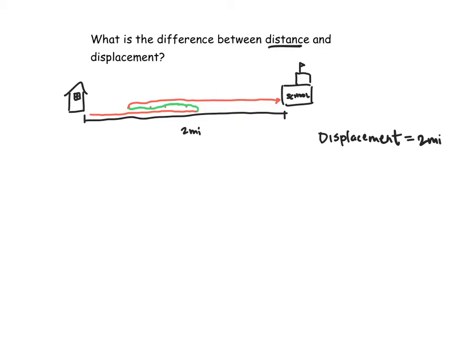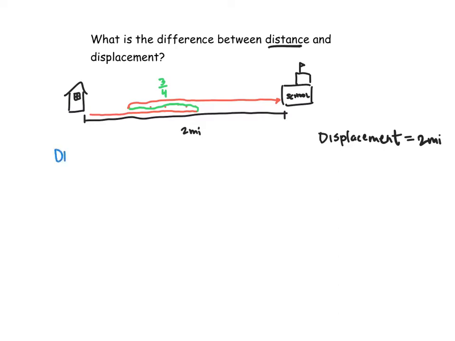Well, I don't know my distance until I know how much I backtracked. Let's say I backtracked 3/4 of a mile. So then what would my total distance be?